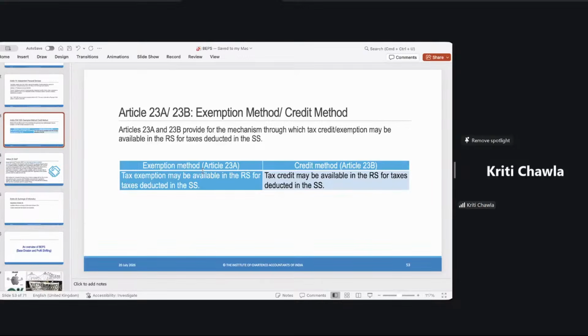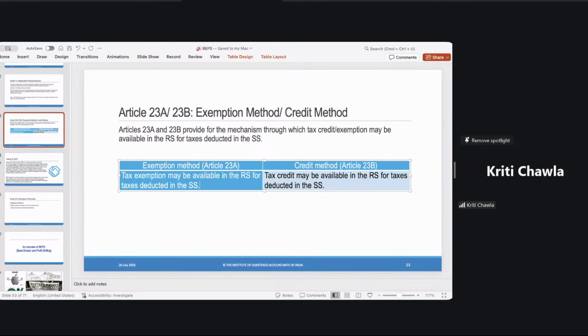Now, when you look at the exemption method, tax exemption basically means one nation will completely exempt the income. It may be available in, let's say, the resident state for taxes which are deducted in the source state. And then there is also the credit method.